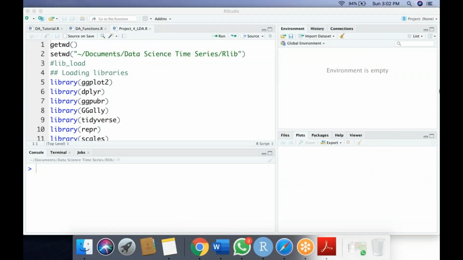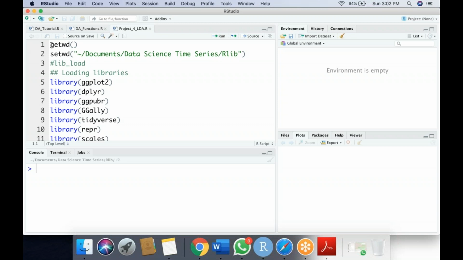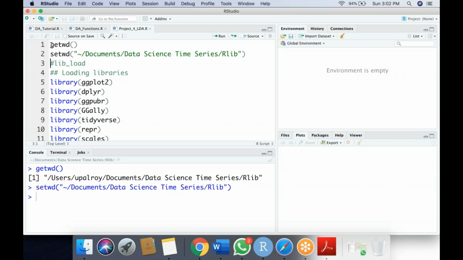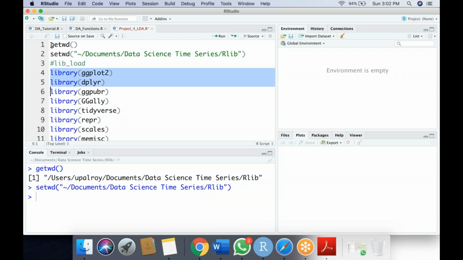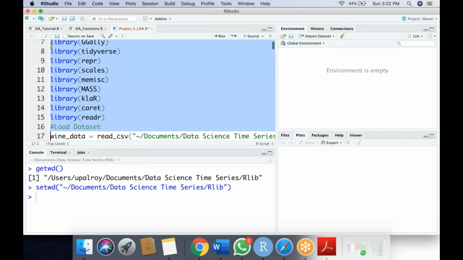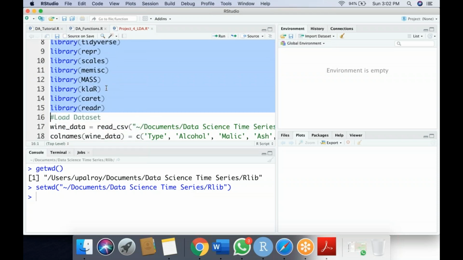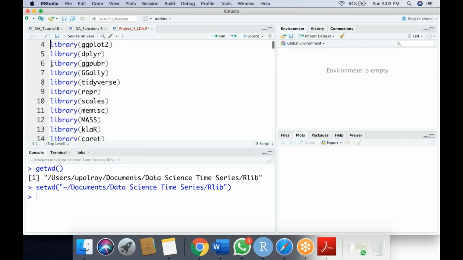Before that, as a standard practice, we will load our libraries. Some of you do not set up your libraries. Please do that. Here the libraries we are going to load are the following.